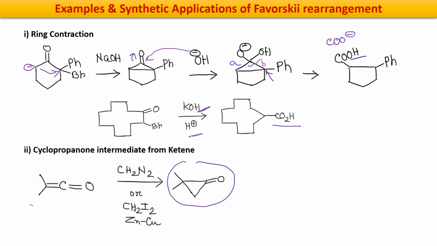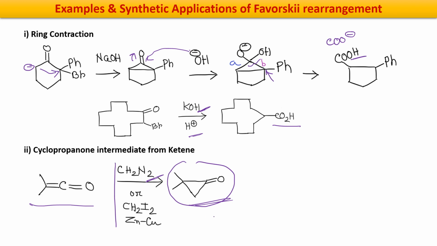Suppose some other substrate is given, and from the reagent you have to understand how you can approach the Favorskii. So here you are getting the intermediate. Sometimes it may also be the generation of the alpha-haloketone substrate. So in this case directly we are reaching the cyclopropanone intermediate, and that is from ketene by using either diazomethane or CH2I2 with Zn-Cu, which is basically the Simmons-Smith reaction.